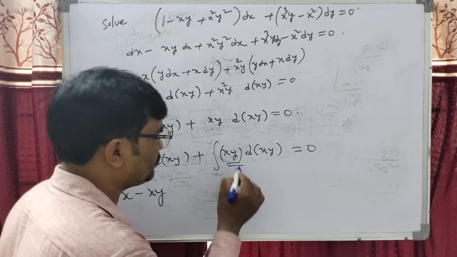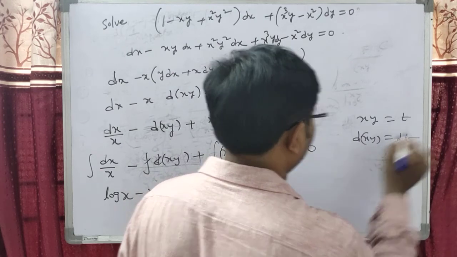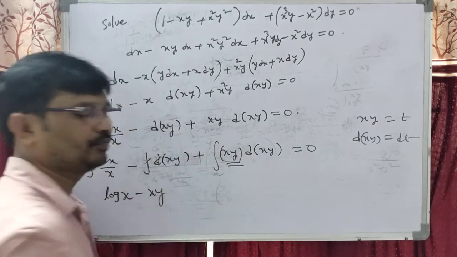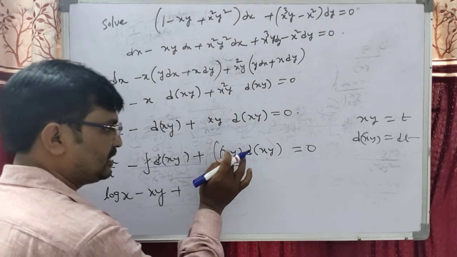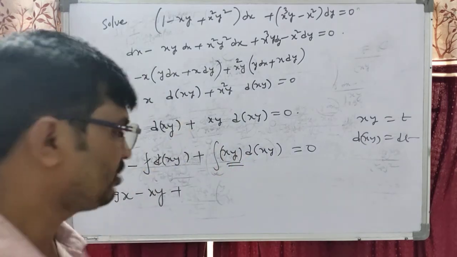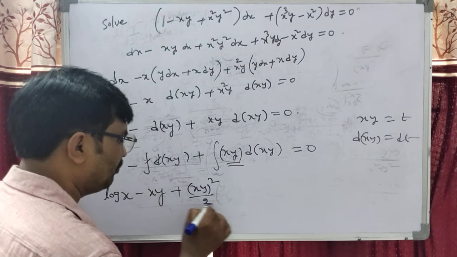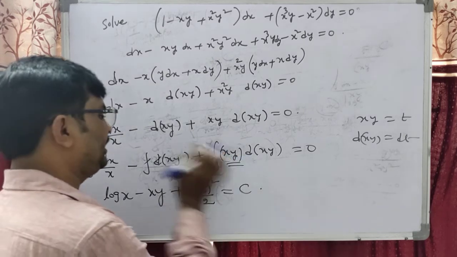When we take xy as t, the derivative of xy is dt, so we get t dt. The integral of t dt is t square by 2, that is xy whole square by 2, equals c. So the answer is log x minus xy whole square by 2. Okay, students?